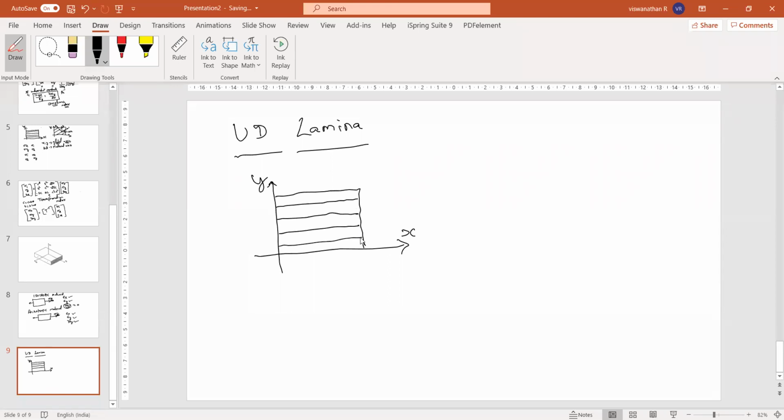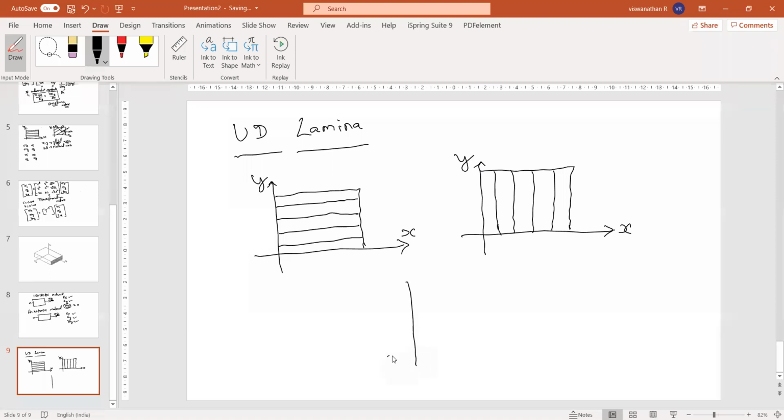And the second case, the fibers are along the Y direction. And then you have the third case where it is inclined.